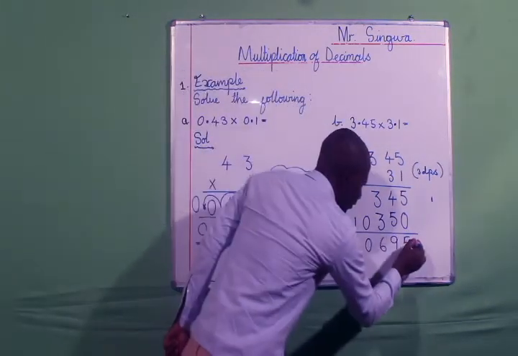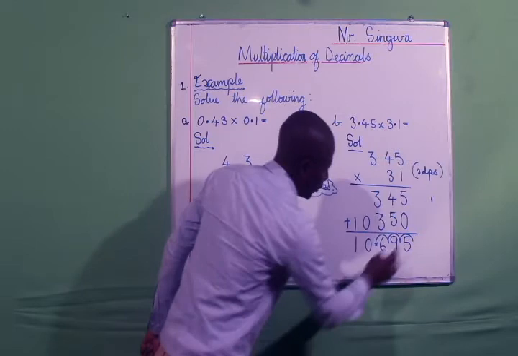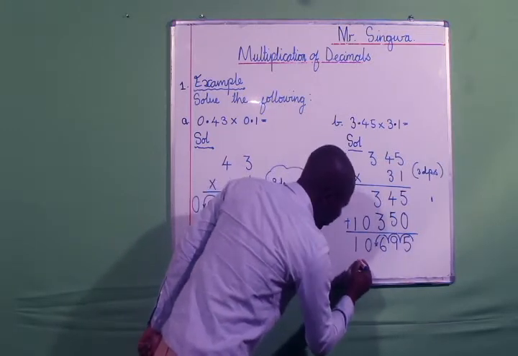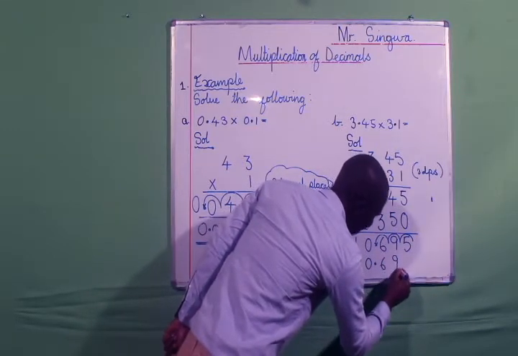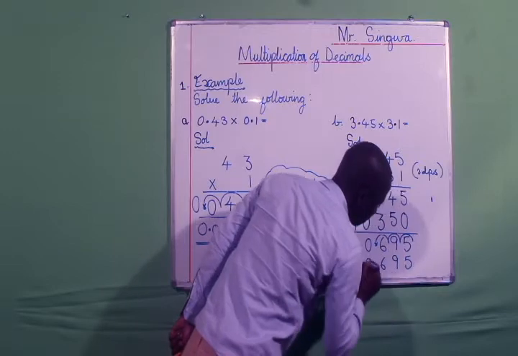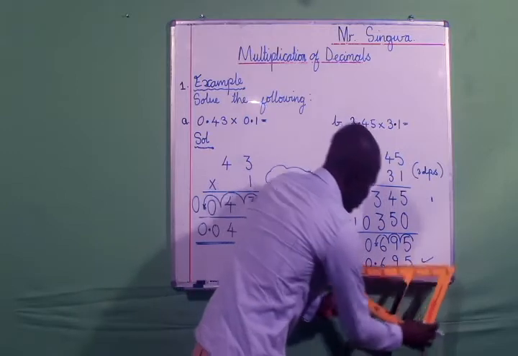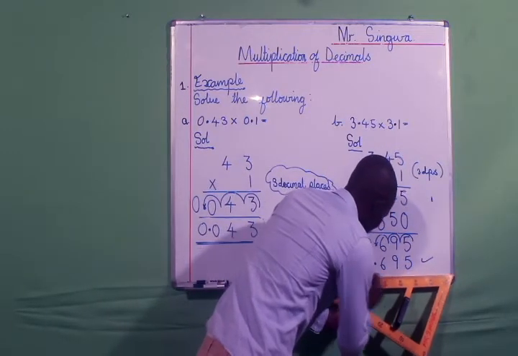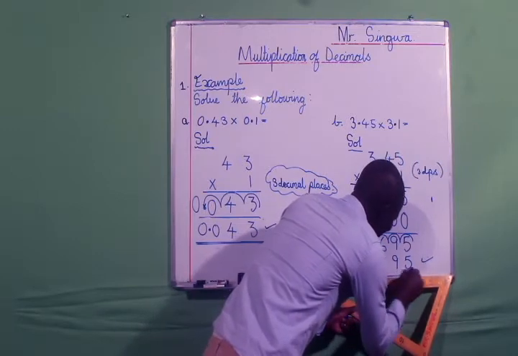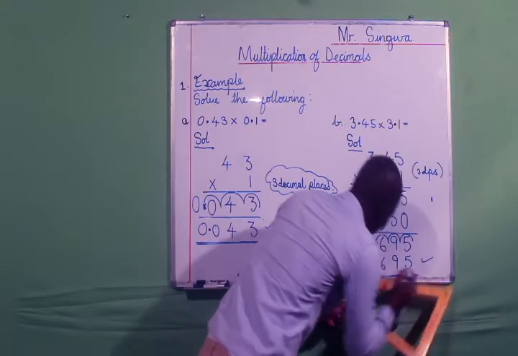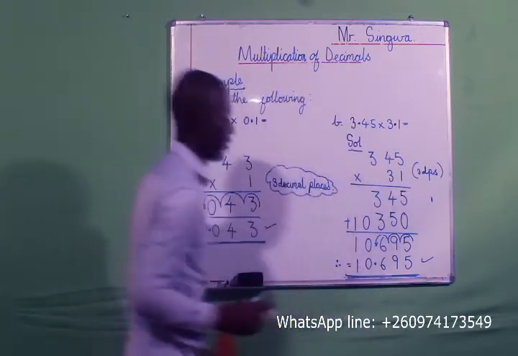And then you count here: 1, 2, 3. And when you count, you are going to have 10.695 as your final answer. This is where you draw 2 or 3 lines to indicate that you've ended. Therefore, this is your final answer.